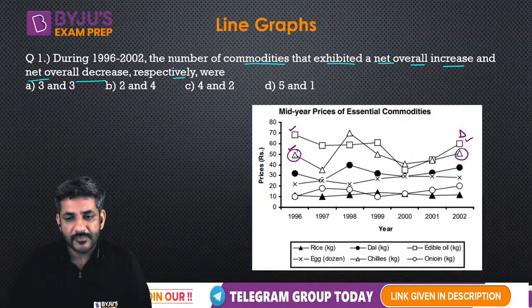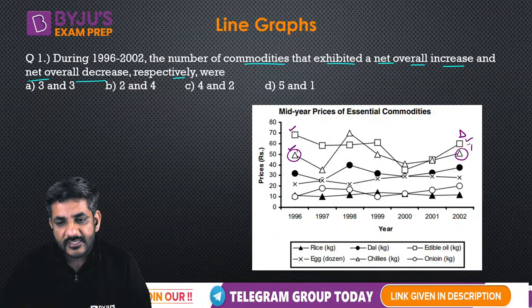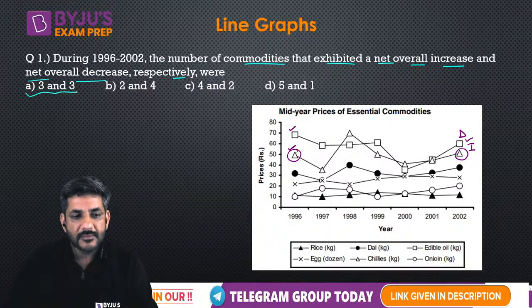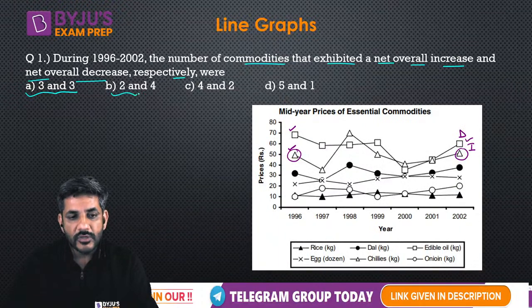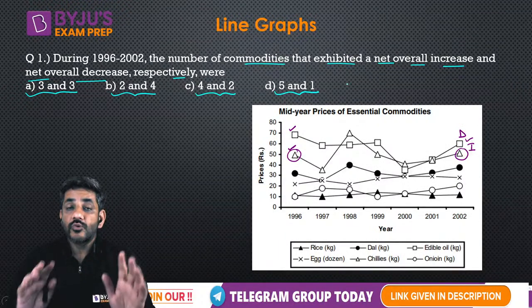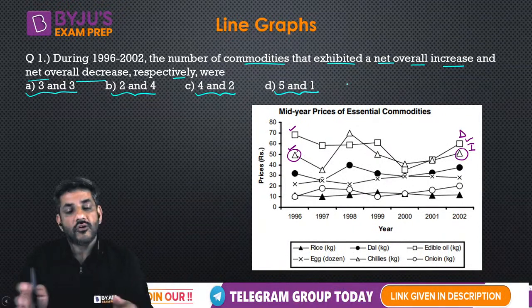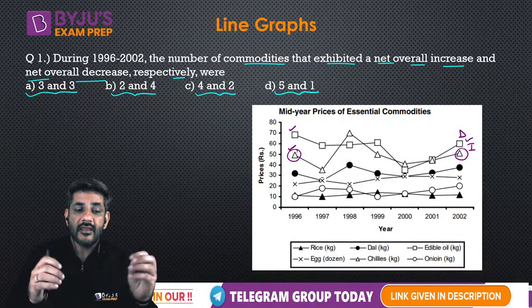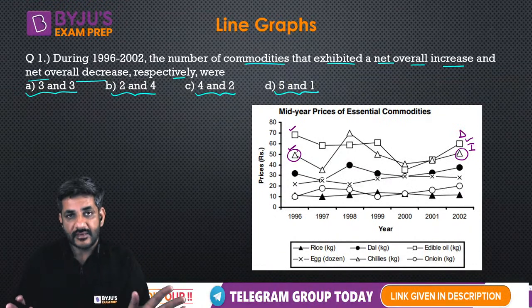So I would mark it as increase only, not same, because ultimately I see here 3 plus 3, that means 3 increases, 3 decreases; 2 increases, 4 decreases; 4 increases, 2 decreases; 5 increases, 1 decrease. So all of the options are talking about all 6 commodities, which means in everyone there is either an increase or decrease.